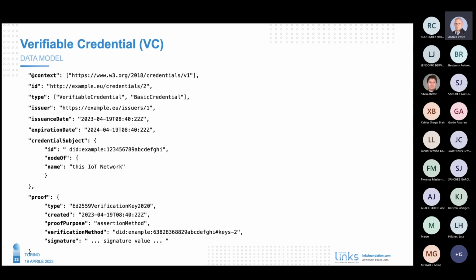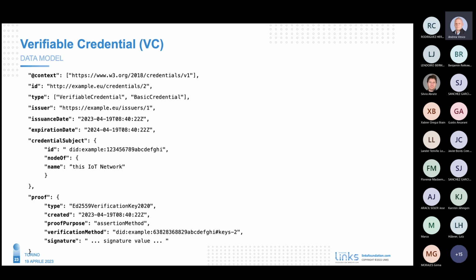Inside the credential subject, there is the DID of the peer, and then every single developer is free to design and issue credentials with the credential subject that they prefer. In this case, to make the example very simple, the property is the name of this IoT network.